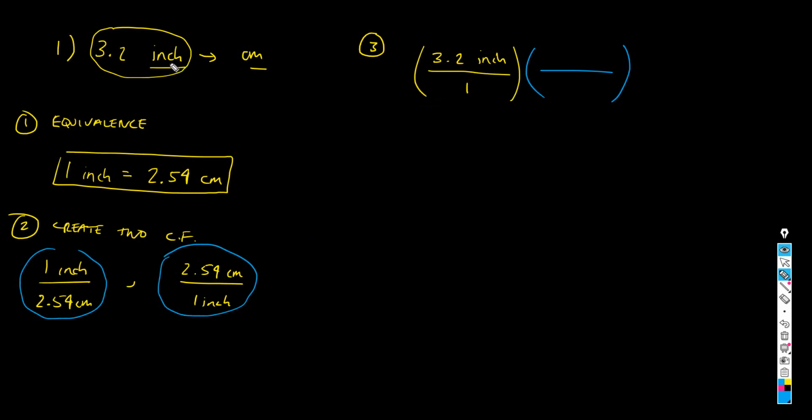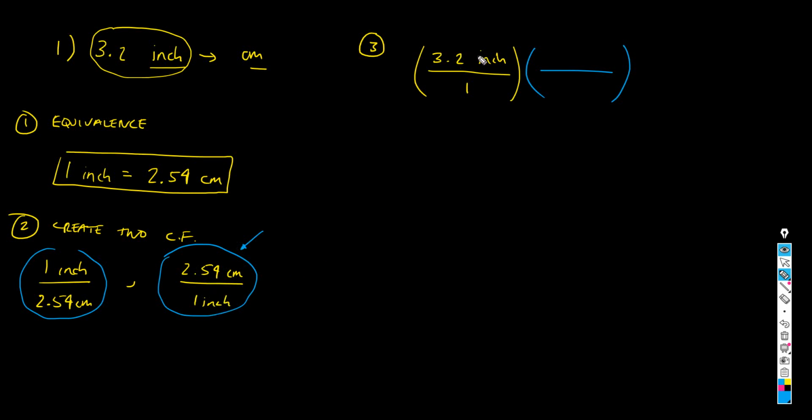Well, since I want to change this into centimeters, what I want to get rid of is this unit. I want to somehow get rid of the inches unit or cancel it. And so when you look at these two conversion factors, you're going to realize that this is the appropriate one. We need to choose this one, the one that has inches in the denominator.